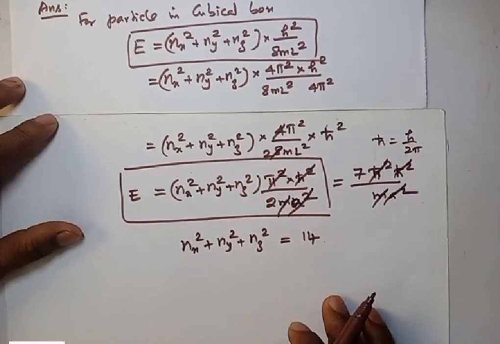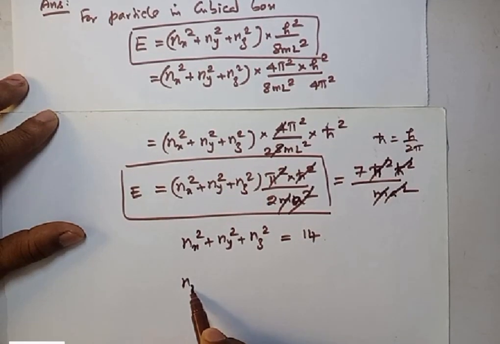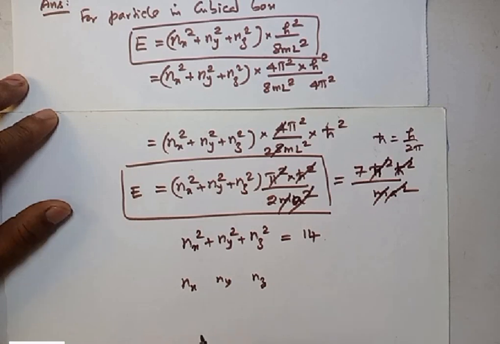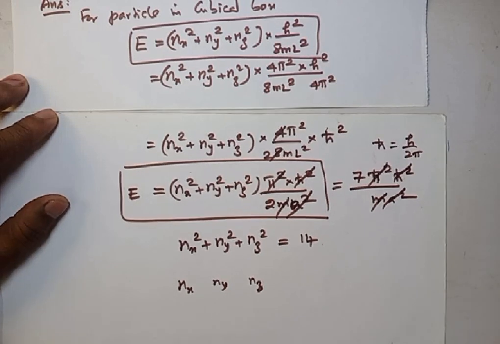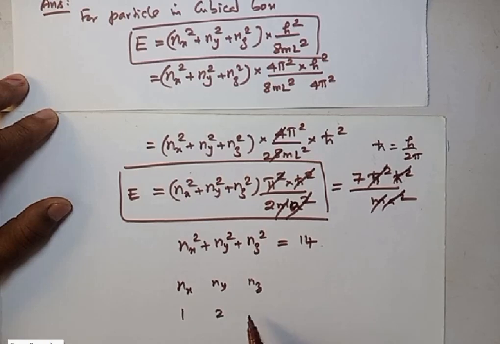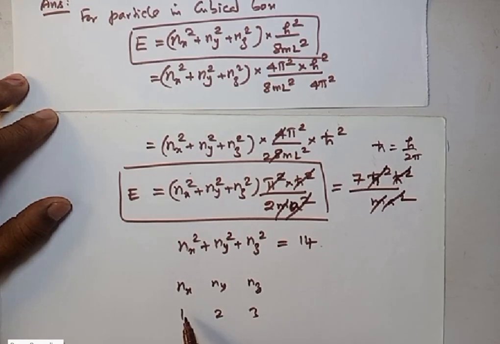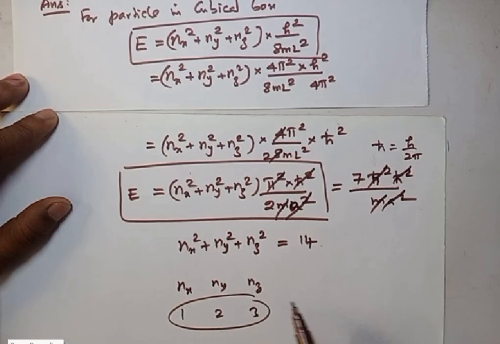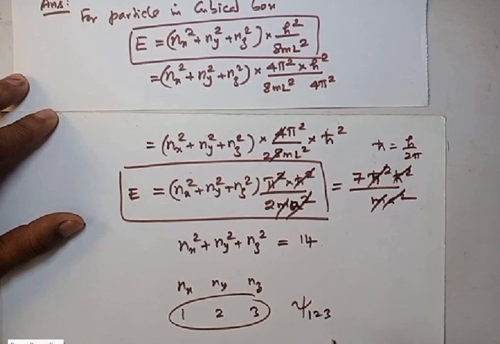So what are the probable values for nx, ny, and nz? Probable values are 1, 2, 3, right? So nx can be 1, ny can be 2, nz can be 3. This will give me a state. So this is the psi 1, 2, 3 state.